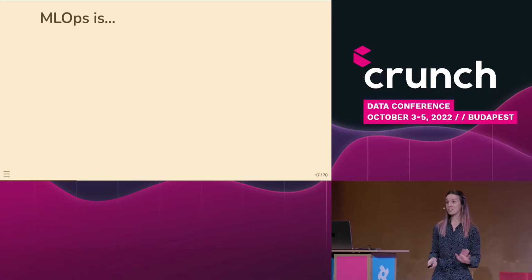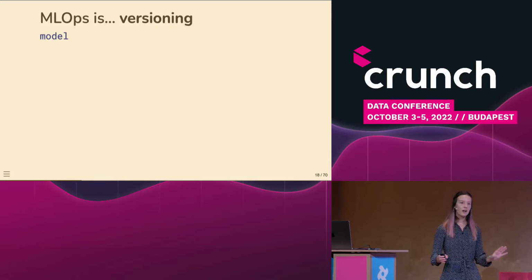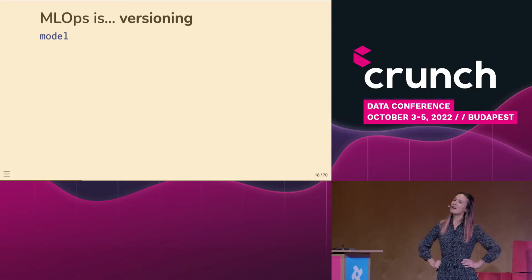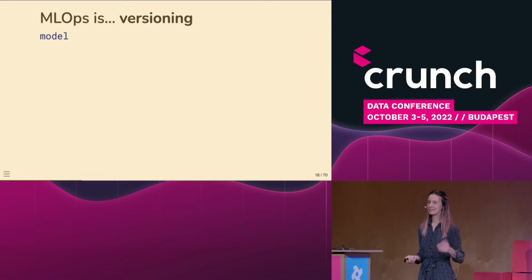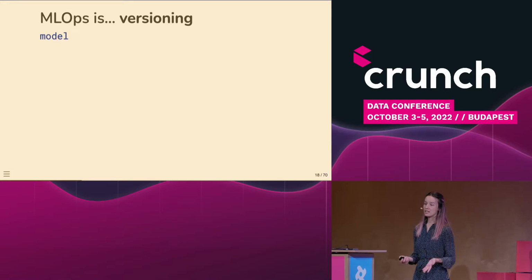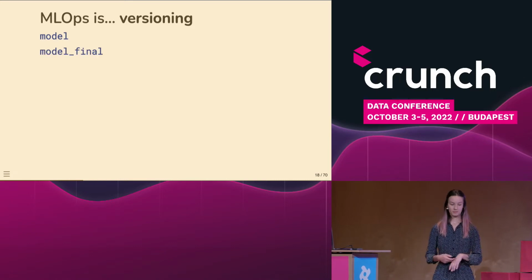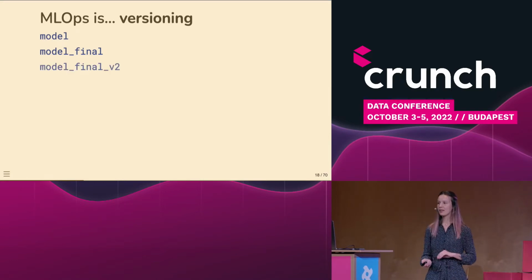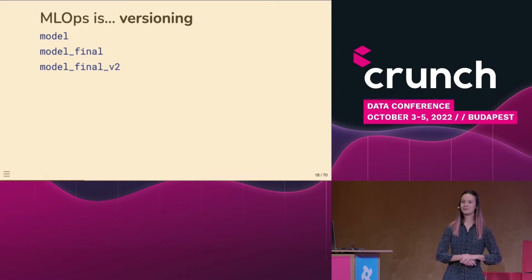So first, MLOps is versioning. So we are amazing data scientists. We have built our model, and we have named it "model", like, things happen sometimes. And once we have trained our model, we're ready to deploy it. So we have our "model final". And then we realize maybe we need to do some edits. We need to tune some more parameters. So we have our "model final version 2".